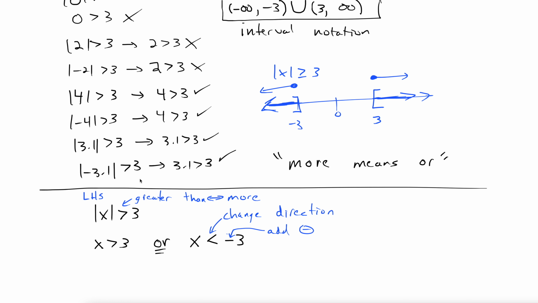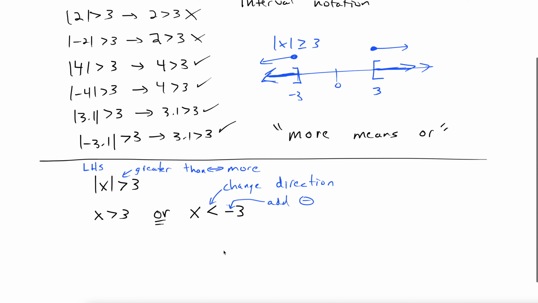So this gives 2 arms. These or questions will have 2 arms going off in different directions. Okay, 0, here's 3, here's -3, so this tells us x is greater than 3. And this tells us x is less than -3. And the or means both of these are included.